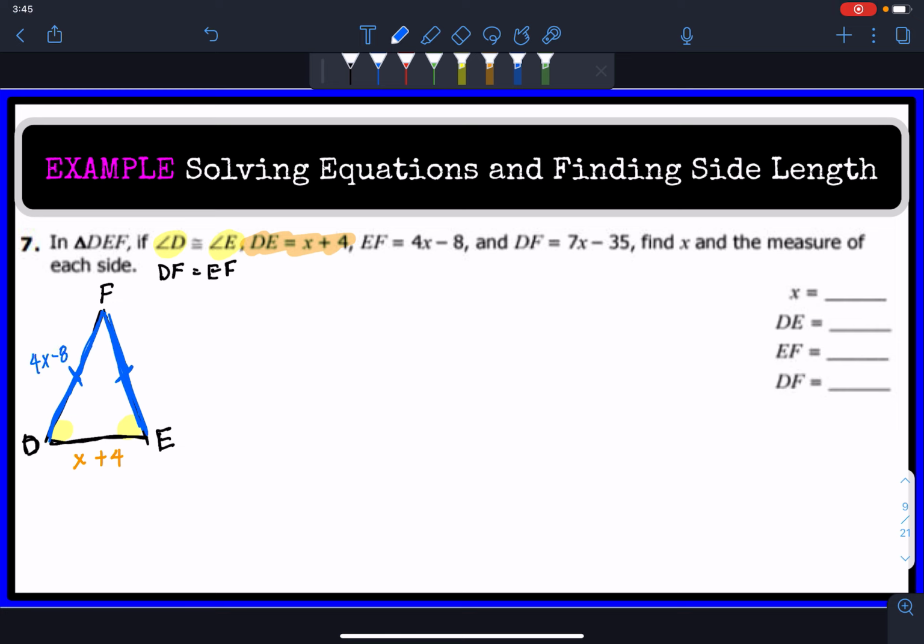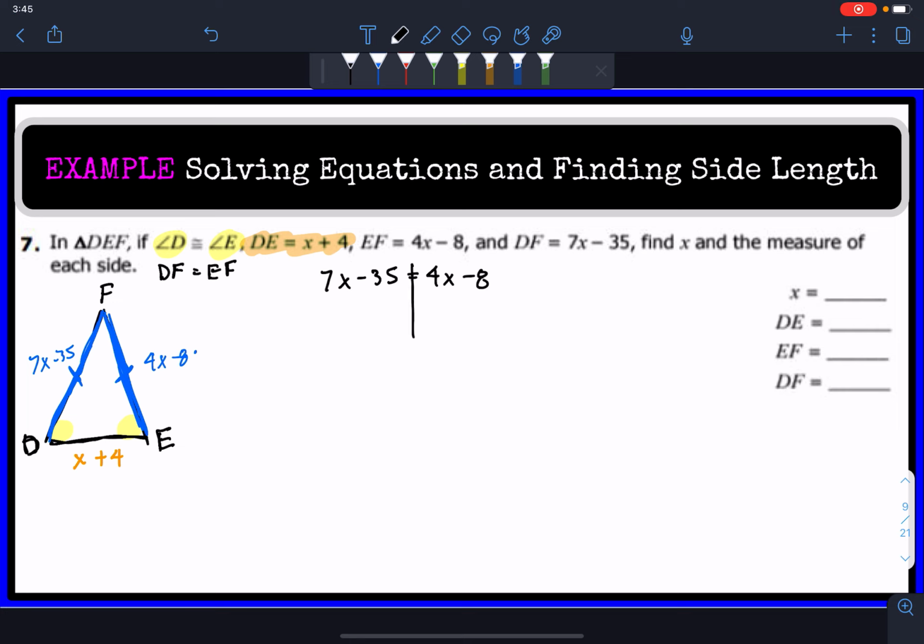And D to F is 7x minus 35. So again, those two blue sides are equal to each other. We're not given angle measurements, we're given the measurements of the sides. So those two sides are equal to each other. So setting 7x minus 35 equal to 4x minus 8 will solve the equation for x.